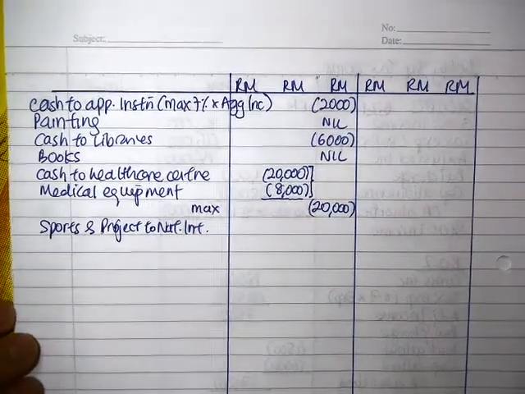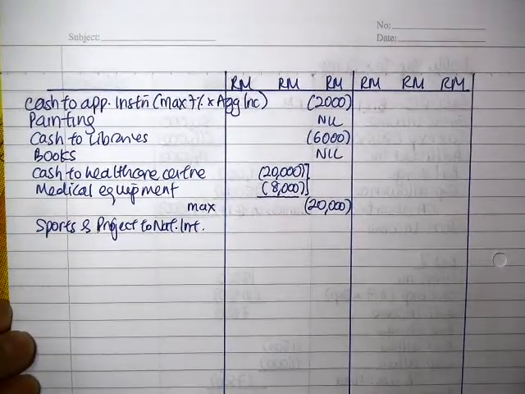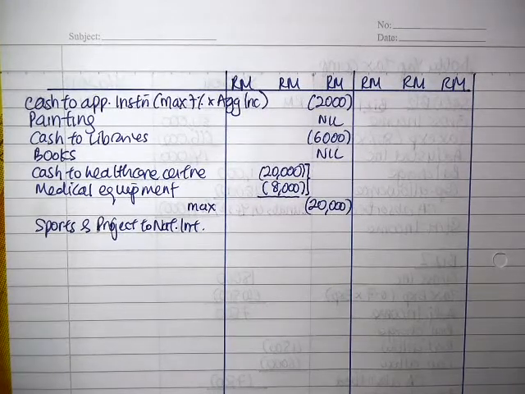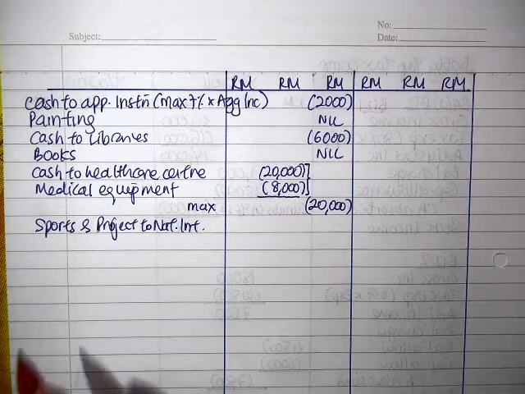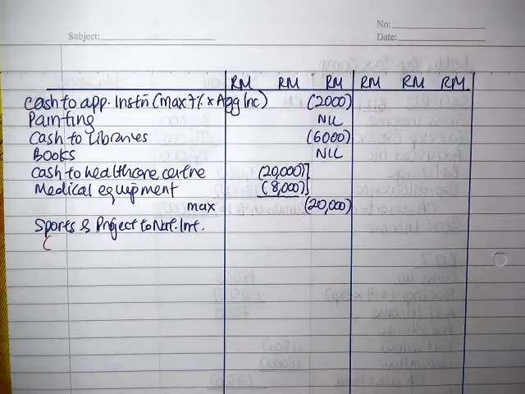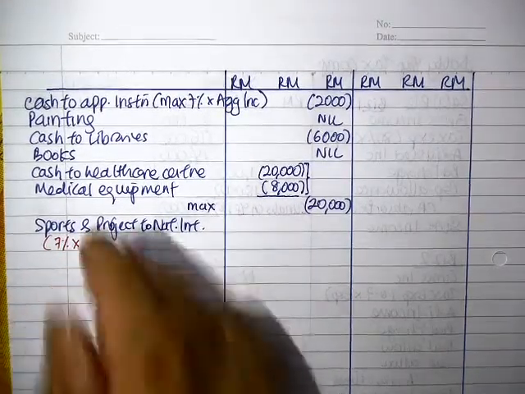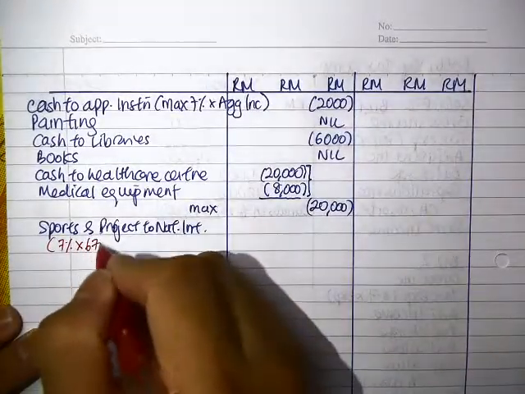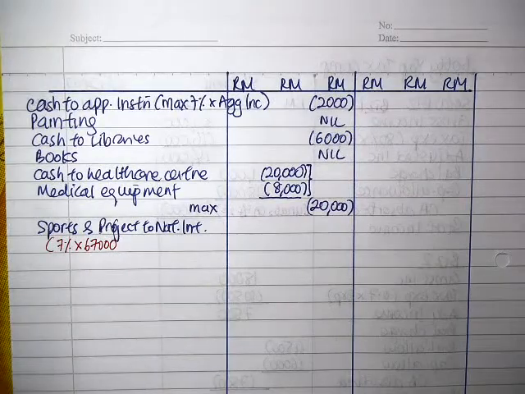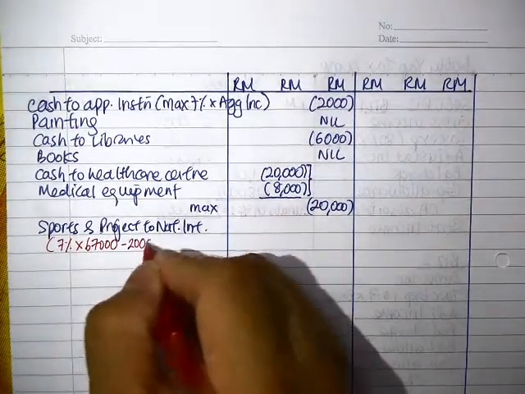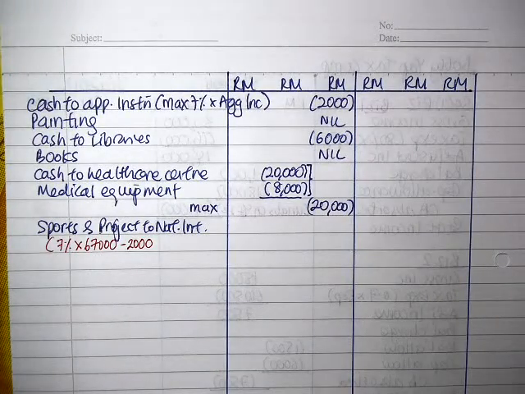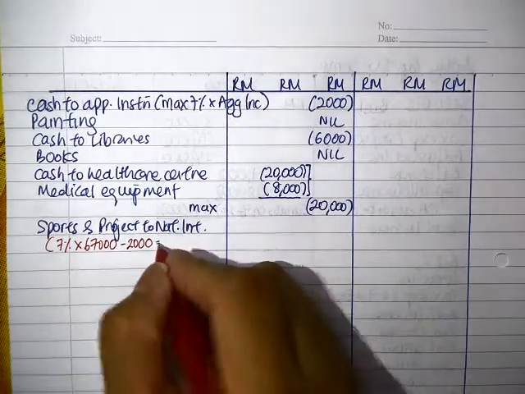Right, guys, still remember the workings that we prepared over here. You take 7% of your aggregate, which is 67,000, and you minus off the donation to the approved institution. So you've got this as 2, right?